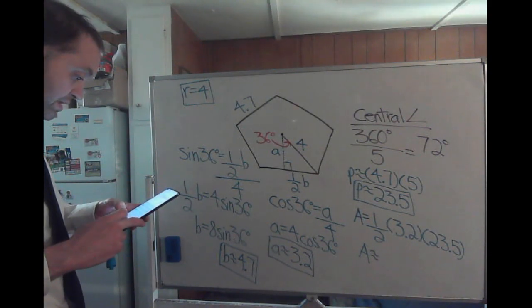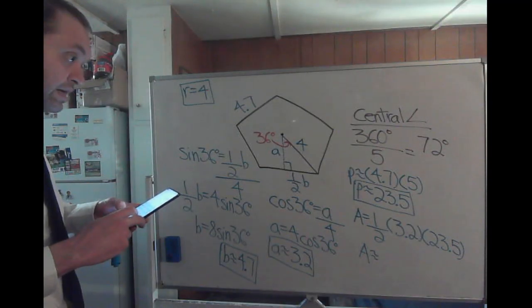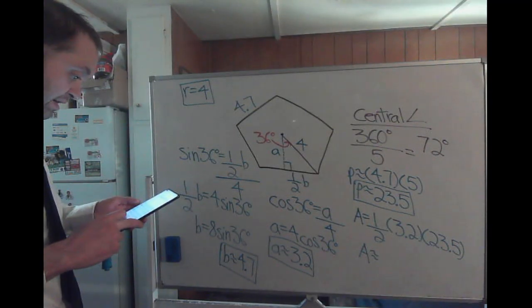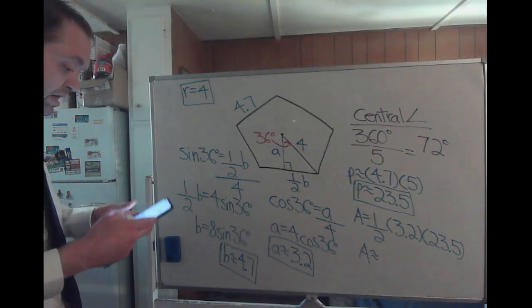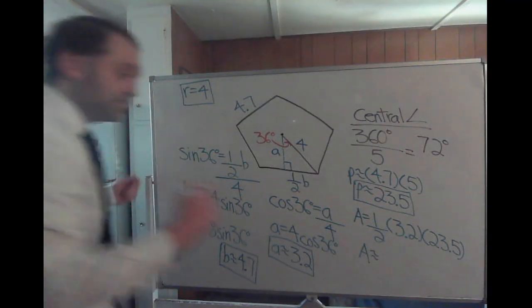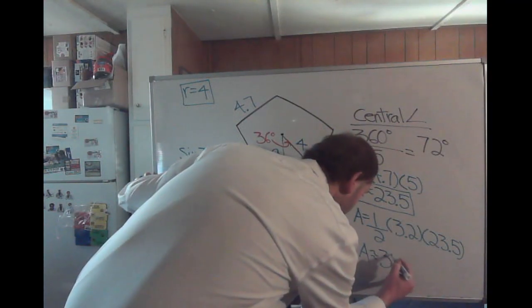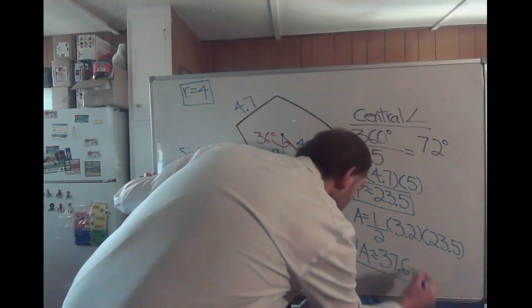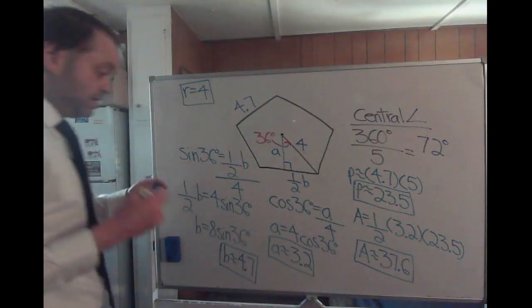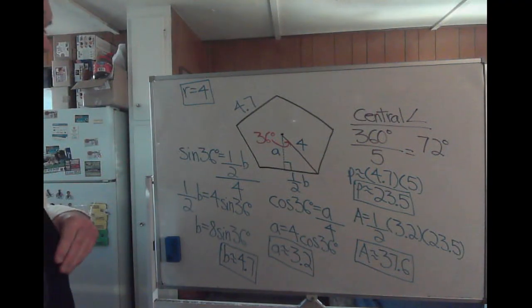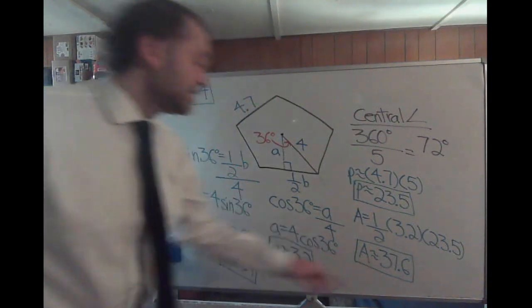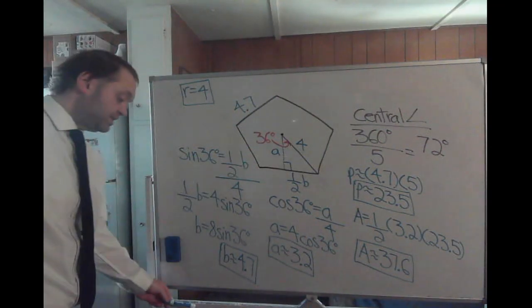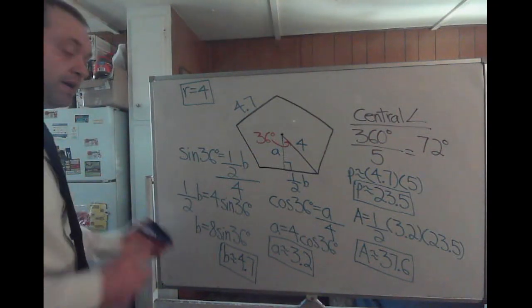Half times 3.2 times 23.5 comes to about 37.6 square units. So the answer for the area is approximately 37.6 square units for this regular pentagon.